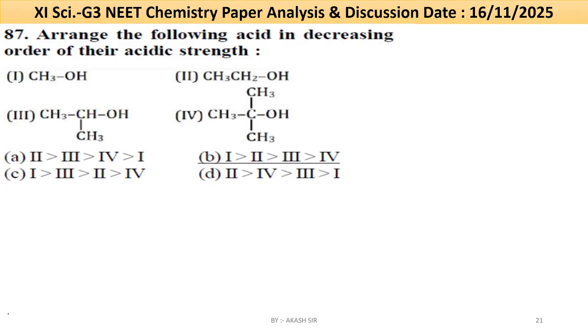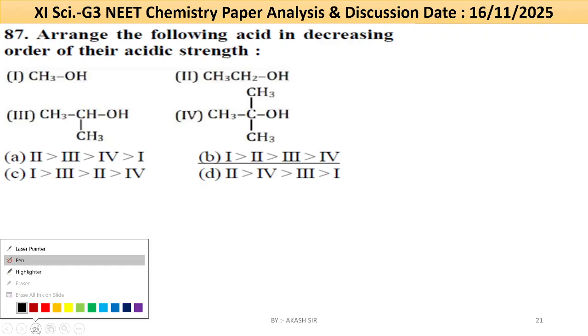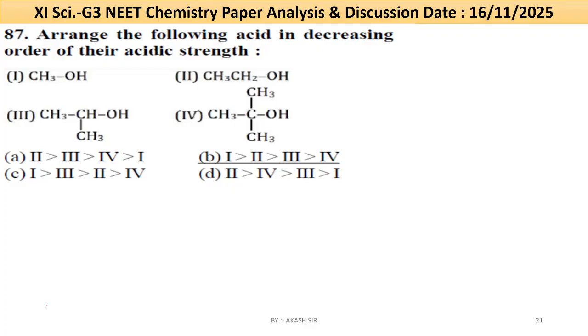Question number 87. Arrange the following acids in decreasing order of their acidic strength. Recall the factors affecting the acidic strength of alcohols. The acidic strength of alcohols is influenced by the stability of the conjugate base, the alkoxide ion. A more stable conjugate base corresponds to a stronger acid. The stability of the conjugate base is affected by the inductive effect of alkyl groups. Compare the acidic strength based on the structure. Primary alcohols are more acidic.